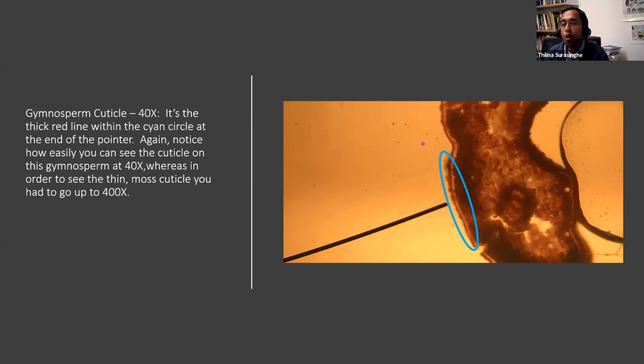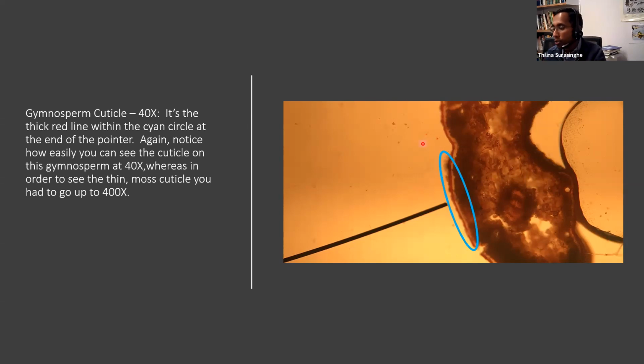What I need you to know over here is that the moss or the non-vascular plant cuticle is extremely thin. It's thicker in the ferns. It's even thicker in vascular plants. That's something I want you to learn. So maybe presence of a cuticle is not unique to bryophytes.